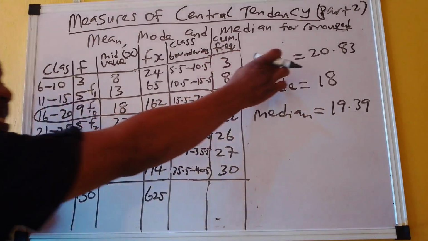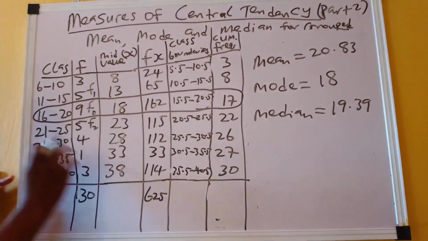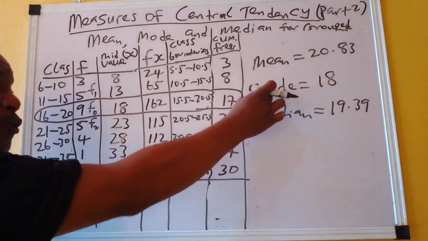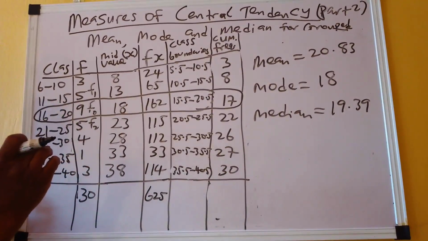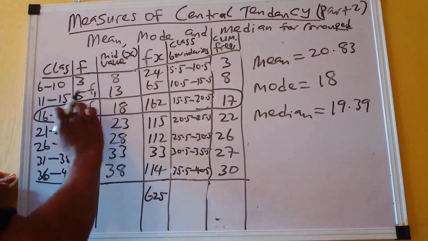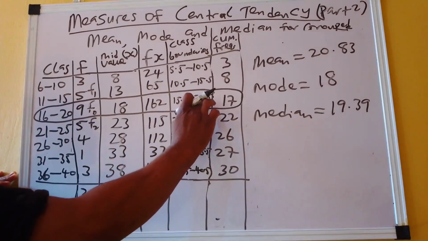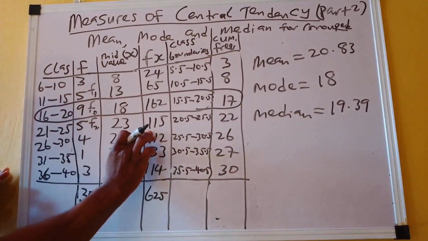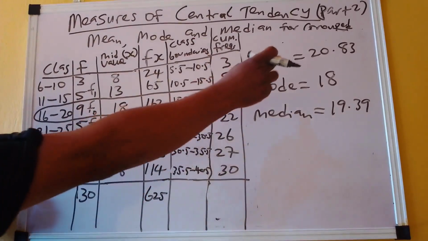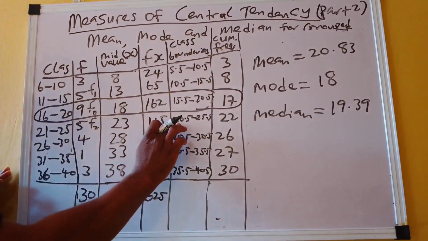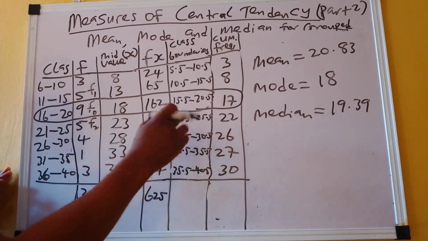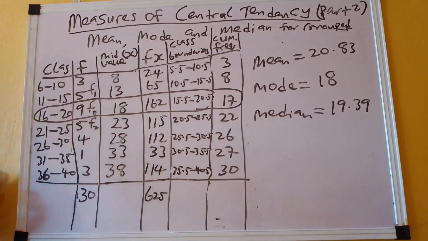That is why the mean falls out of the class where the mode and the median are. The mean is 20.83, outside this class. That means there are outliers in the data set.